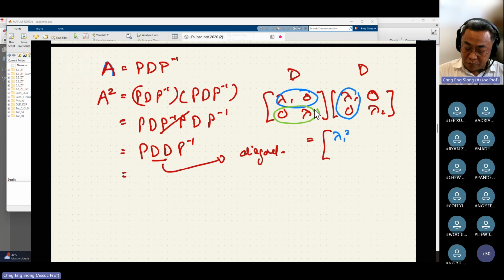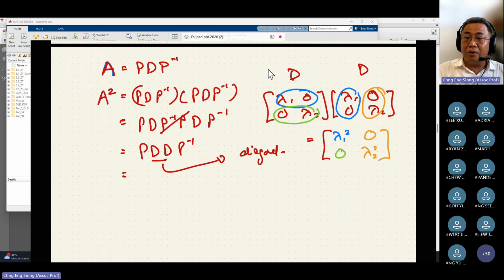Lambda 2 times 0 is 0. Now the blue and the orange: lambda 1 times 0, 0 times lambda 2, so 0. And the last one is the green: 0 times 0 plus lambda 2 times lambda 2. The answer is lambda 2 squared.